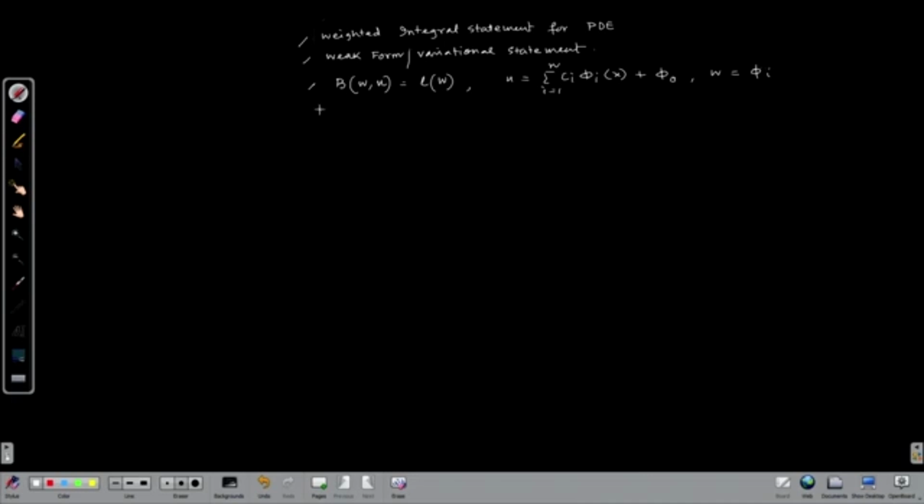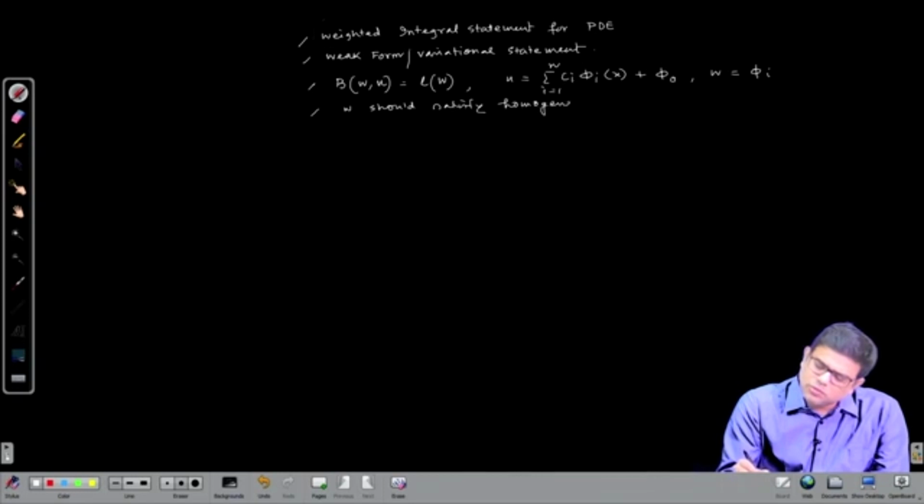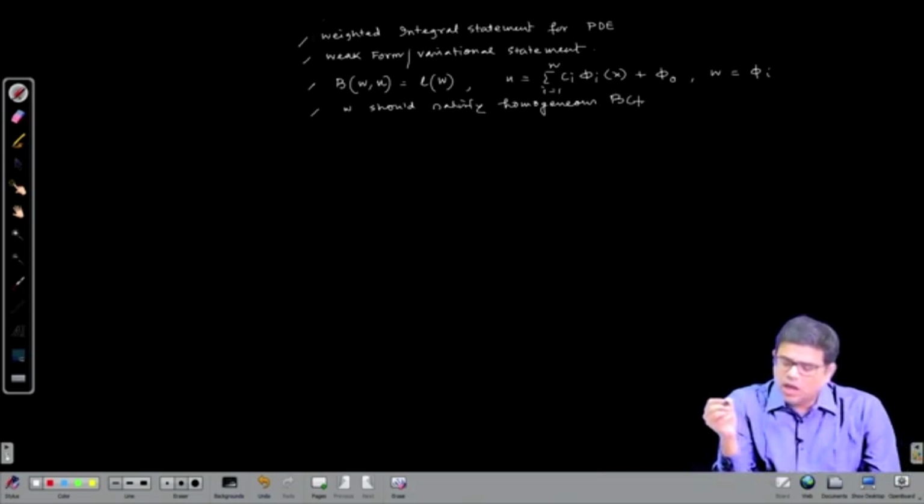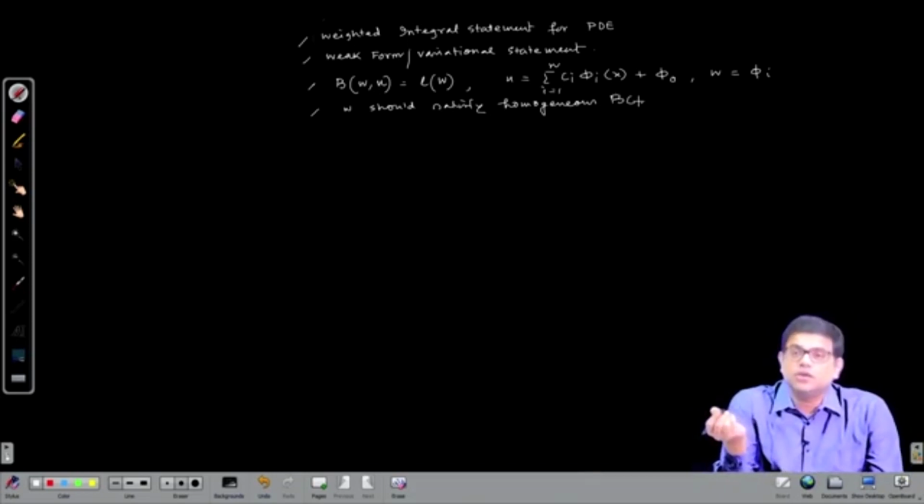The weight function needs to satisfy some conditions, which we have also learned. The weight function needs to satisfy the homogeneous boundary condition, that is, W should be 0 at the boundary.